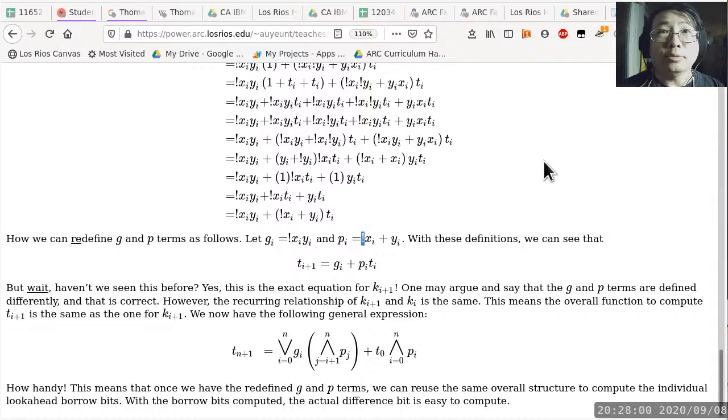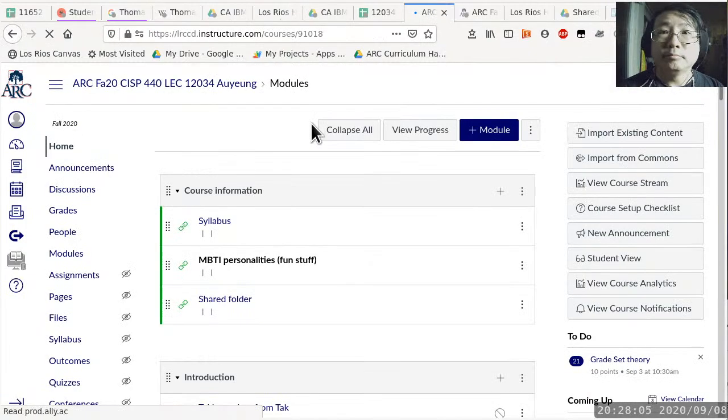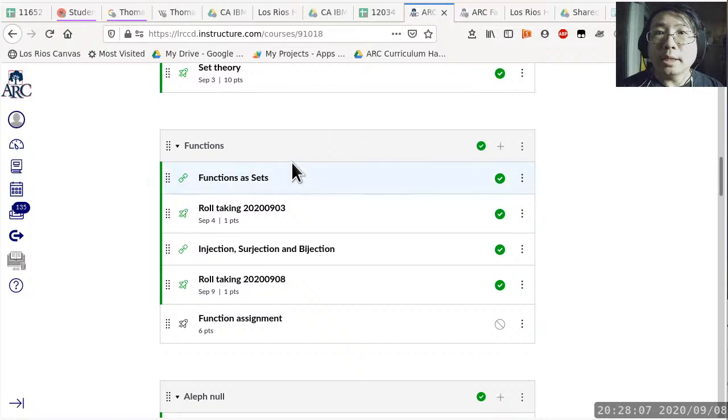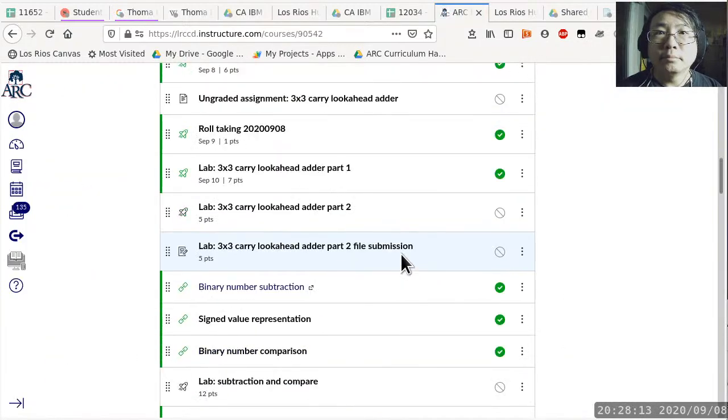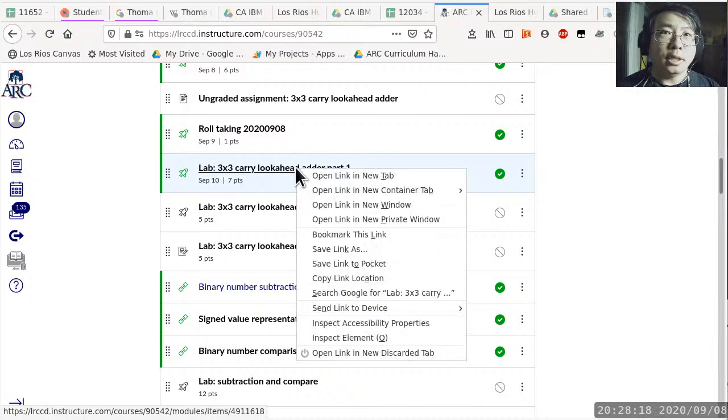Okay, let me just double check because I don't trust my own memory. All right, so wrong class. Yep. So this is the lab that is now open, and you have 2 days to finish this.